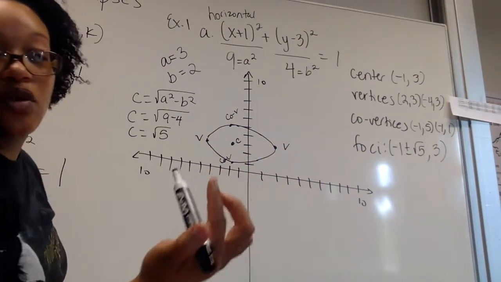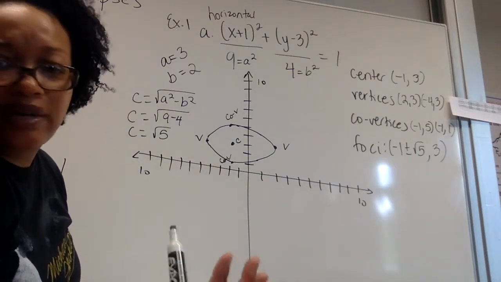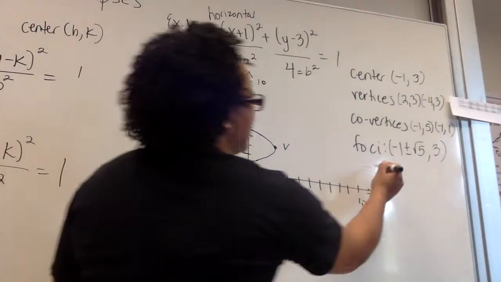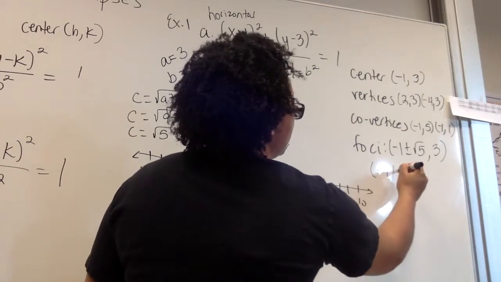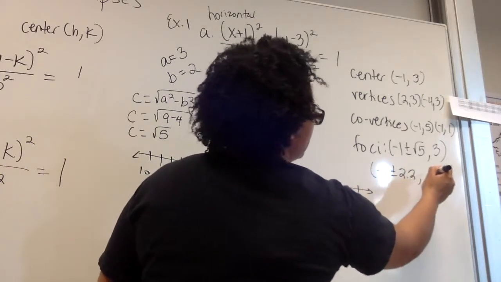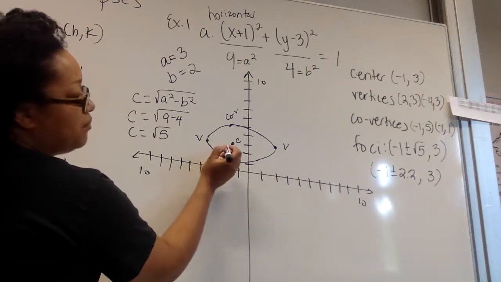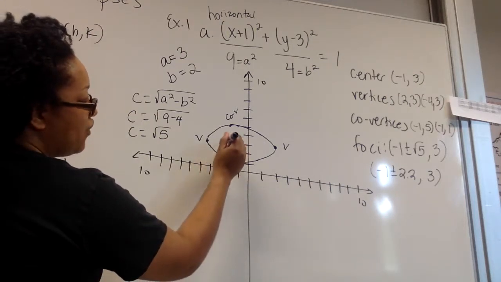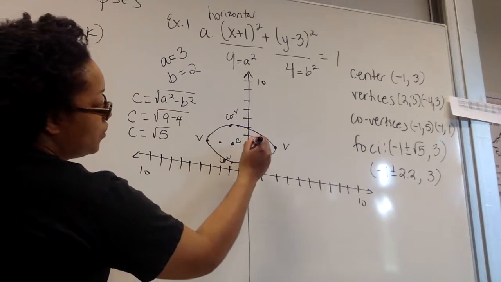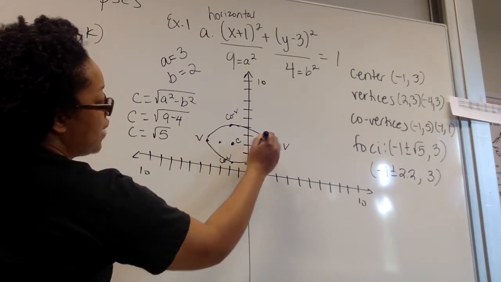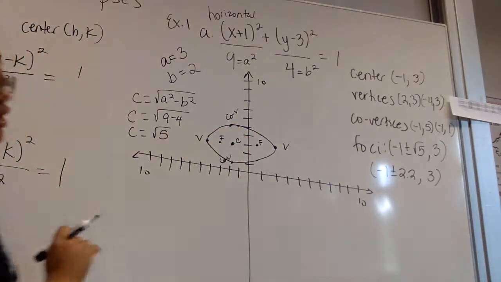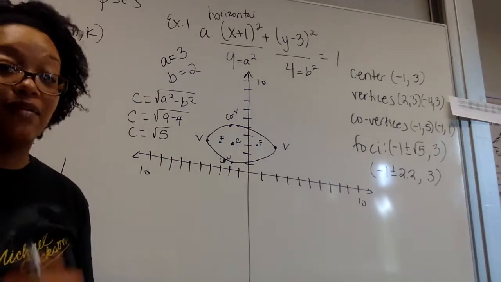So I think the square root of 5 is like 2 point something. So that would be like -1 plus or minus 2.2 or something, comma 3. So you would go over a little bit, about right there, and then about right there, and that would be your focus points, and then you've got everything. All right, that's a lot, but you can do it.